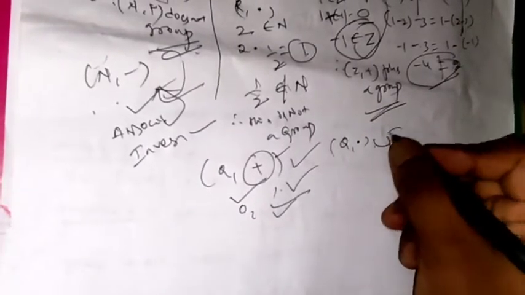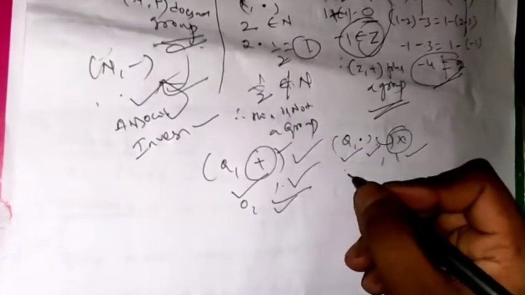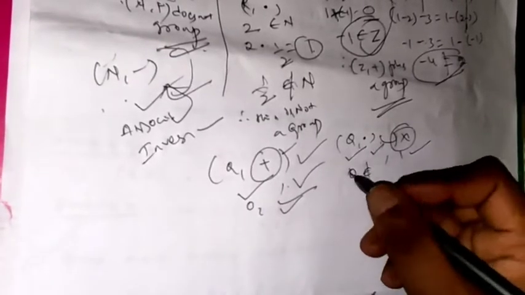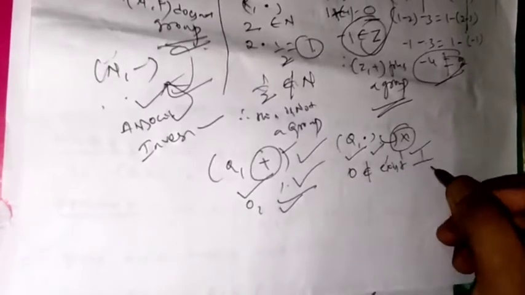No, this does not form a group. It satisfies the closure property, the associative property, and what is the identity? Here 1 is the identity, but for the inverse, the inverse of 0 does not exist. What is 1 by 0 here? Infinity we get.